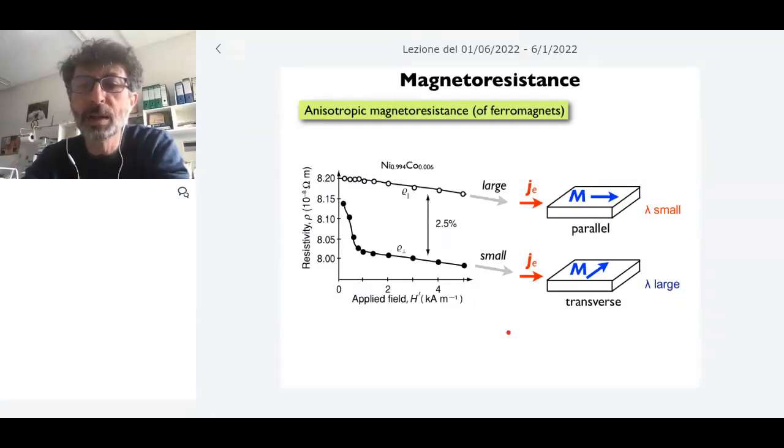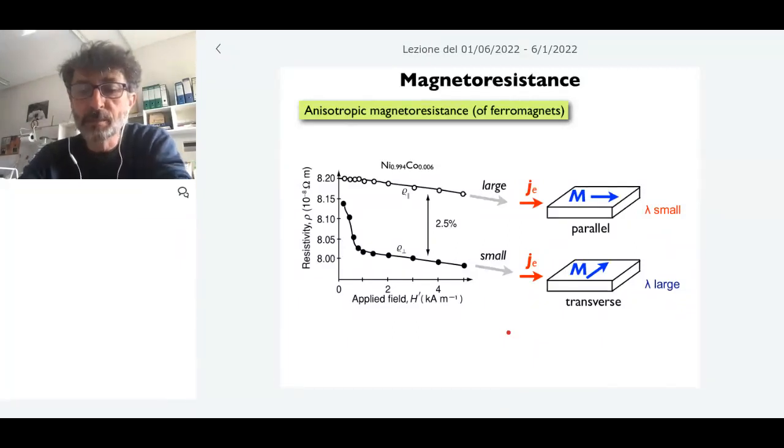They are completely different things because the behavior of magnetoresistance is exactly the opposite. It has nothing to do with metals. So the conduction in a ferromagnet is very much different from the conduction in a metal, because otherwise you would not find something like this.